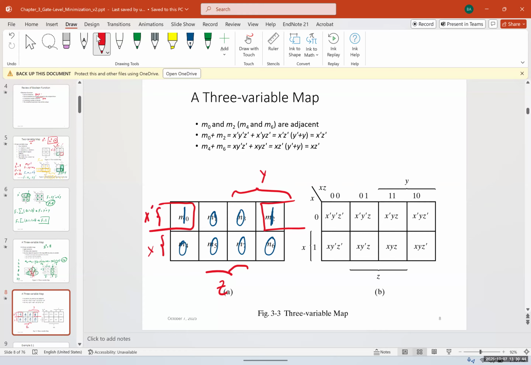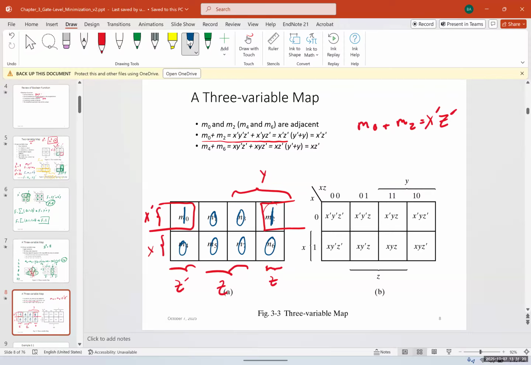They both are in the X prime row, and they are both in the Z prime column. So I can write M0 plus M2 as x prime z prime. And for the proof, we can write this as x prime y prime z prime plus x prime y z prime. Then we can factor out the y prime plus y, and finally, we have x prime z prime.